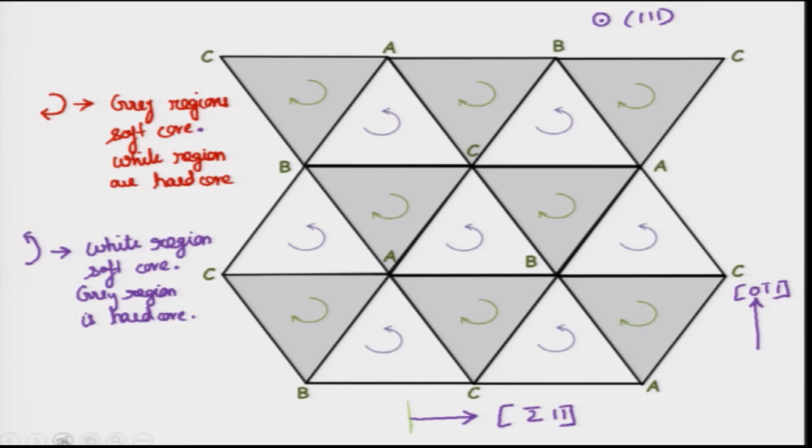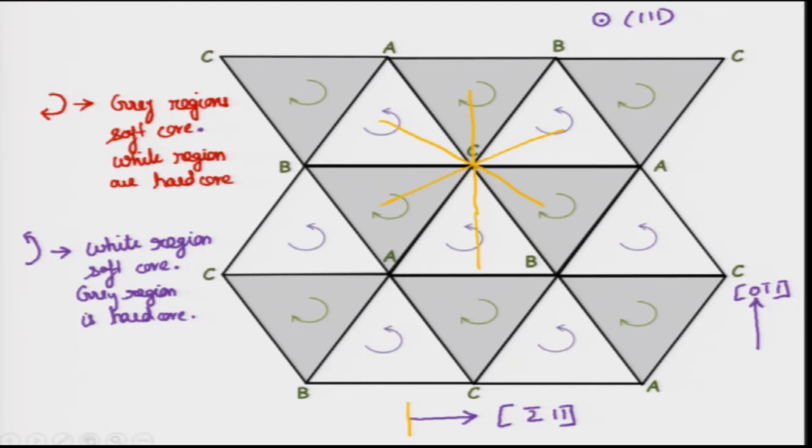let me select another color which will make it easier. So, these are three different (112) planes.